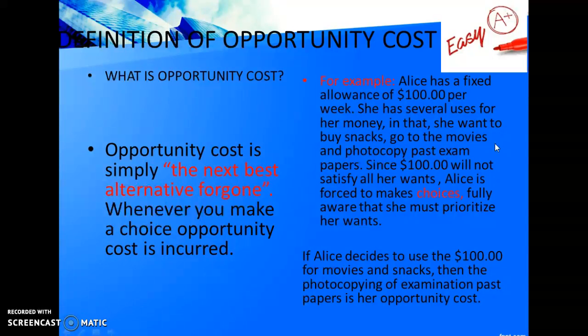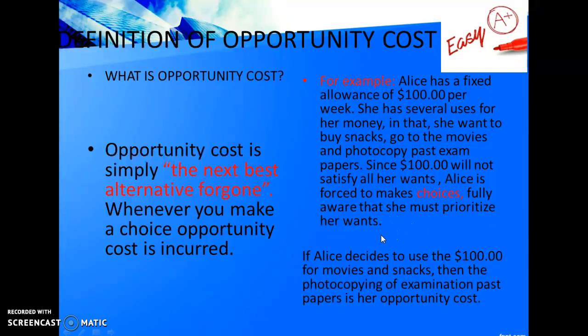Since $100 will not satisfy all of Alice's wants, Alice is forced to make choices. If Alice had the opportunity, she would want to consume all that the money can cover. But Alice is forced to make choices because her money can't cover everything, and she is fully aware that she must prioritize her wants.